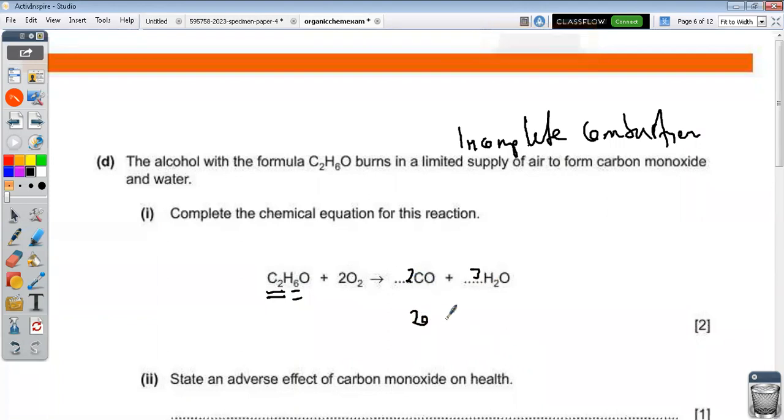We have 2 oxygens plus 3 oxygens, which gives us 5 oxygen atoms. Now, if we take 1 oxygen atom from these 5, we are left with 4 oxygen atoms, which means there we need to have 4, which is balanced, because we have 4 there plus 1, 5. Clear? Balanced equation. Make sense?